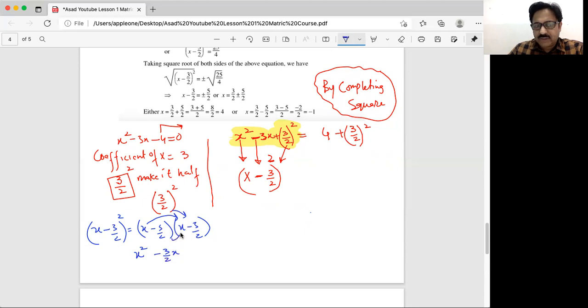This with this becomes minus 3 over 2x. This with this becomes plus 9 over 4. So this becomes x square.